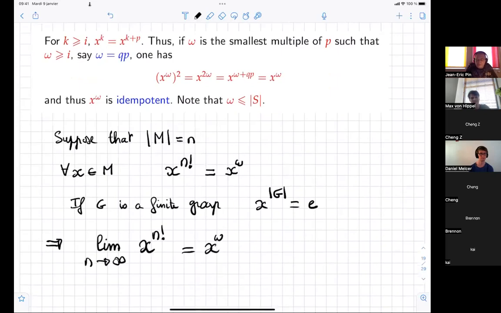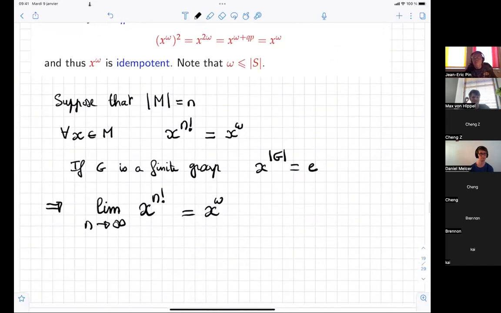You have this in every finite monoid. But actually, this shows, well, I don't give the detail, but basically we can show that x to the n factorial is actually a Cauchy sequence.